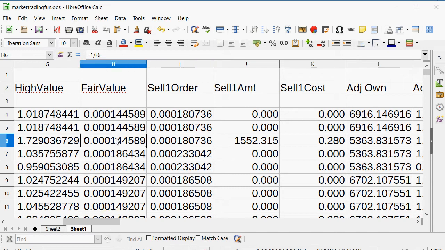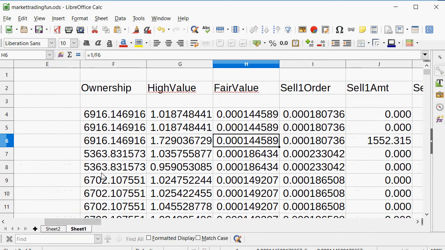And fair value represents 1 divided by F6, which is what 1 Bitcoin is worth. By knowing what 1 Bitcoin is worth, which is this price here, I know exactly that if I multiply this by the number, that's what the sell order would be. So this is what the number is.